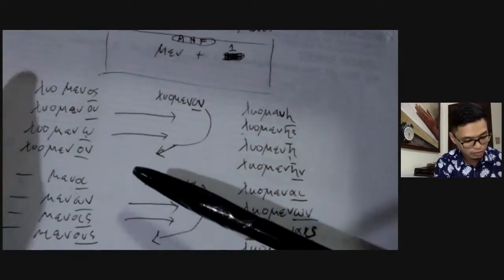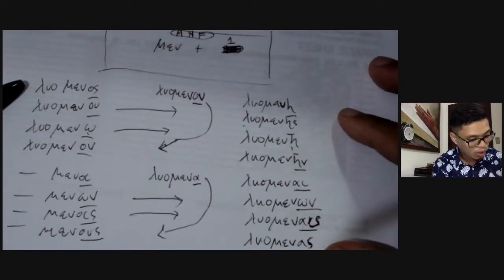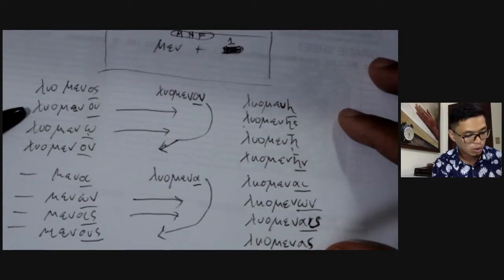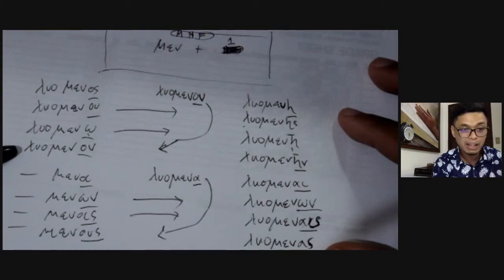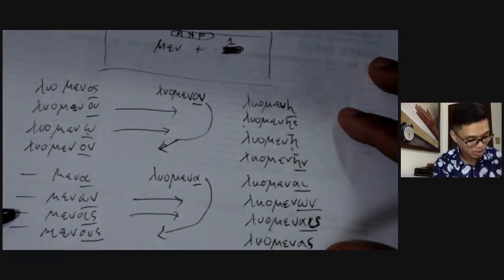So look here. Luo, men, os. Luo, men, u. Luo, men, o. Luo, men, on. Luo, men, noi. Luo, men, non. Luo, men, nois.